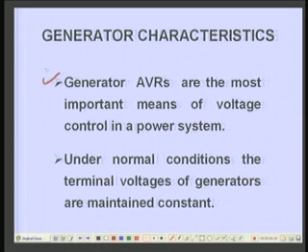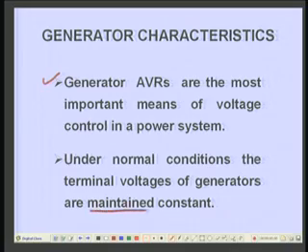When we talk about voltage control in a power system, the devices which are available are the automatic voltage regulators of the generators, that is, by regulating the excitation of the generators. We control the voltage by tap changing of the transformers. We control the voltage by reactive power injections.